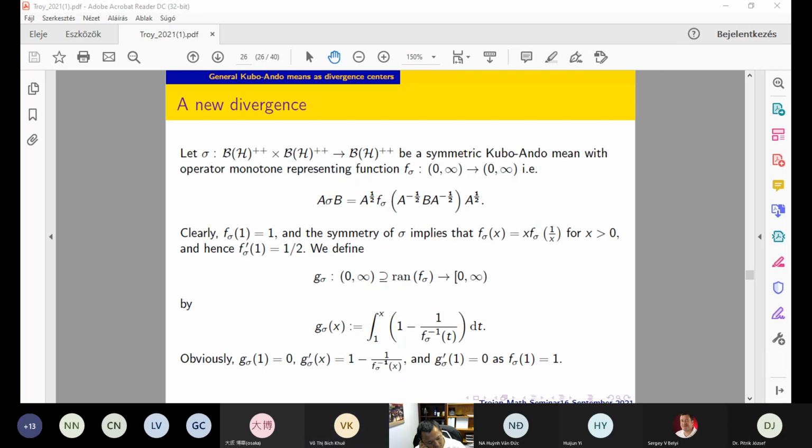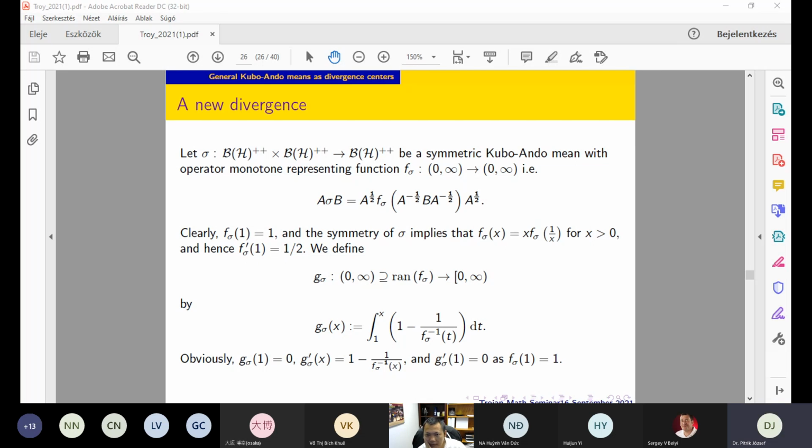Or can we find the solutions of the least square sum problem for a divergence, not symmetric mean Kubo-Ando? So as I understood, you want to consider another divergence and solve the least square problem with respect to that divergence. Is that correct? Yes, any divergence. Okay. So it's a hard problem.